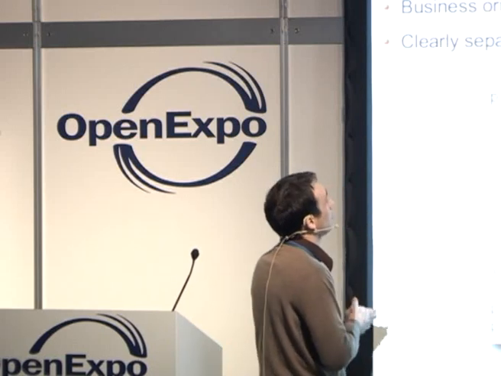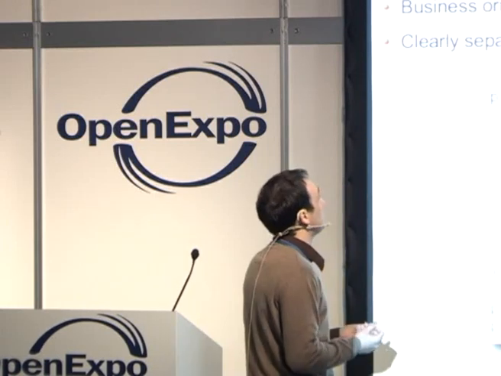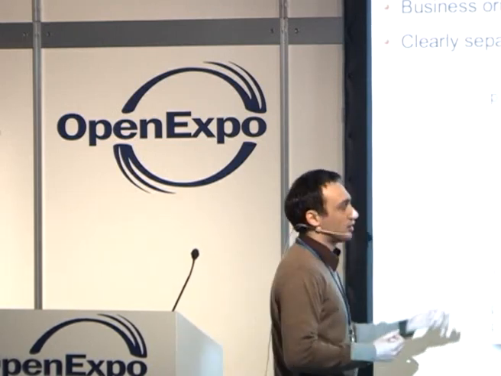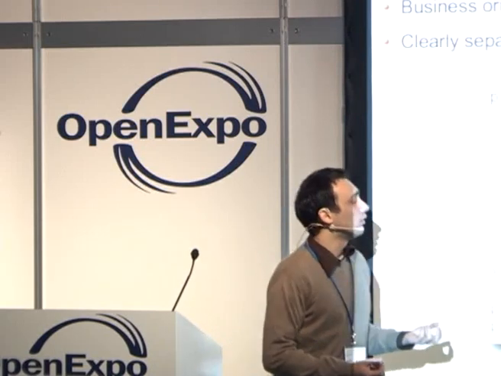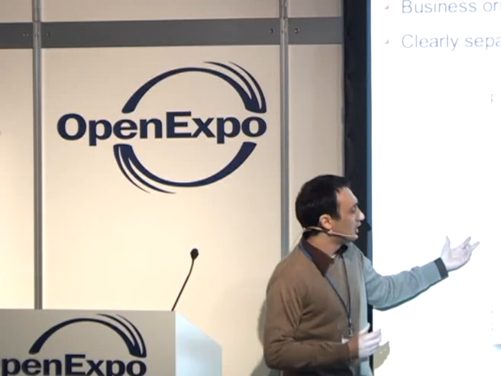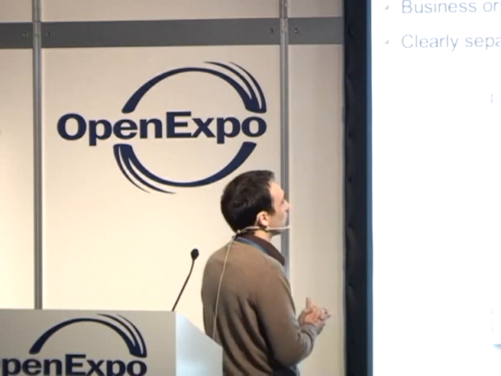DSL. DSL is domain-specific language, which is a small language, not a complete language, that you can define to give to domain experts, to the business analyst, to write some business rules for your problems. This is an example of a stupid, if you want, domain-specific language, but this is what you can do.